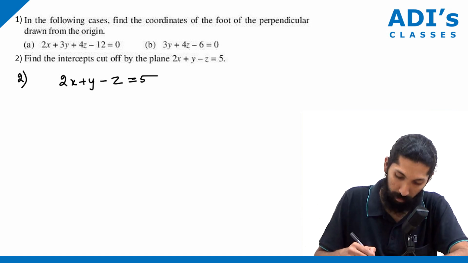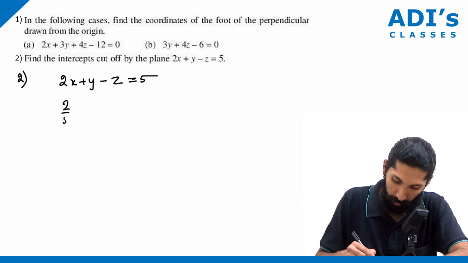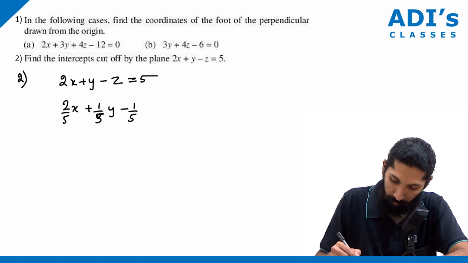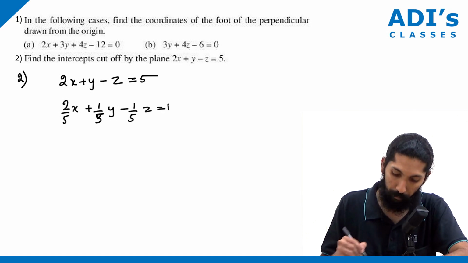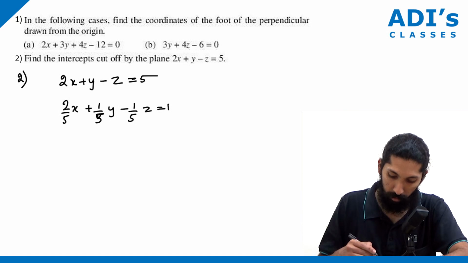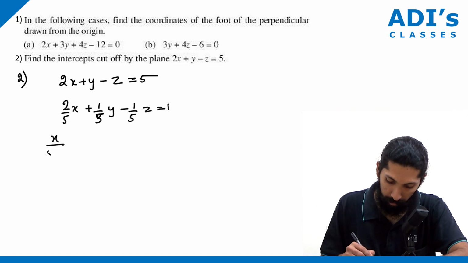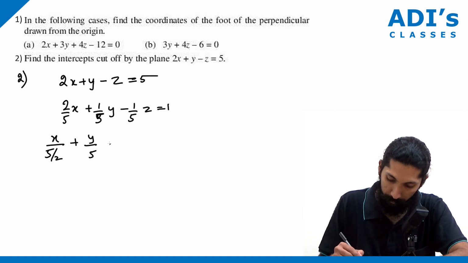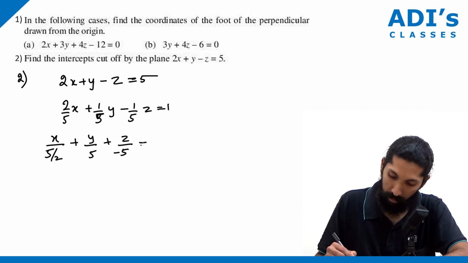You'll get 2 by 5 x plus 1 by 5 y minus 1 by 5 z is equal to 1. Or you can also write this as x divided by 5 by 2, plus y by 5, plus z by minus 5 is equal to 1.